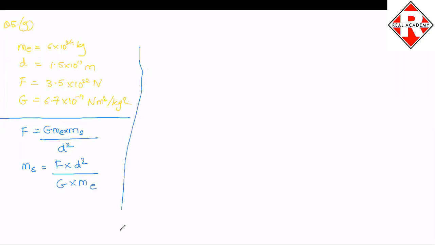Substitute your values. So mass of sun is equal to, F is given to be 3.5 into 10 raised to 22. D square दिया है 1.5 into 10 raised to 11 square upon G is 6.7 into 10 raised to minus 11, and mass of earth is how much? Mass of earth is 6 into 10 raised to 24 kgs.